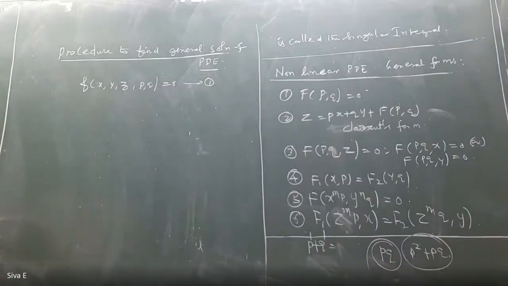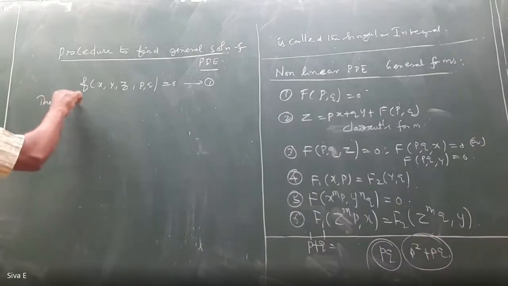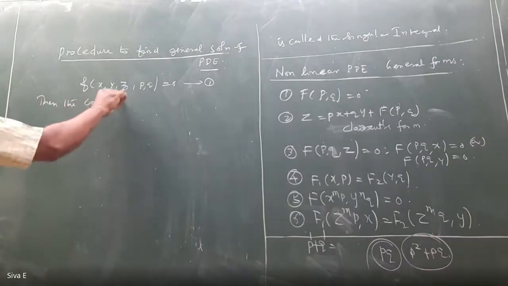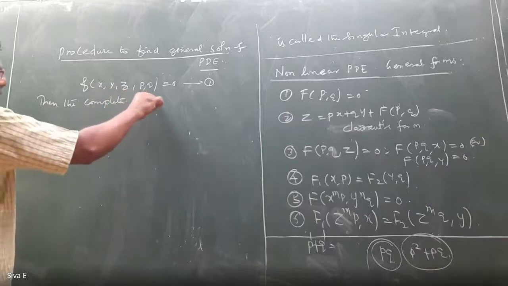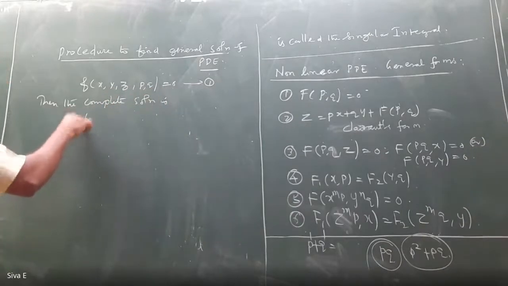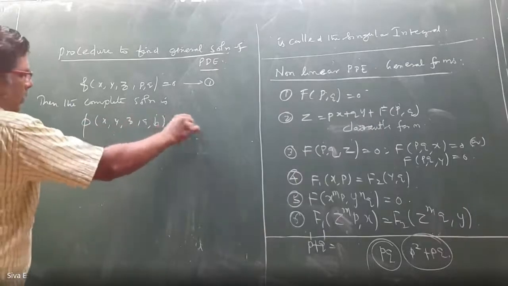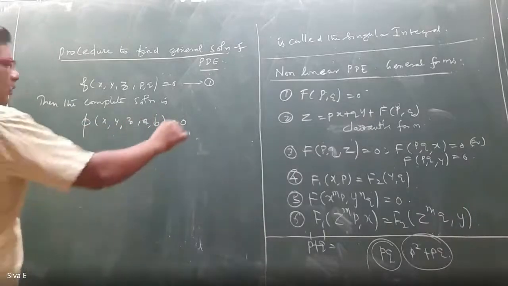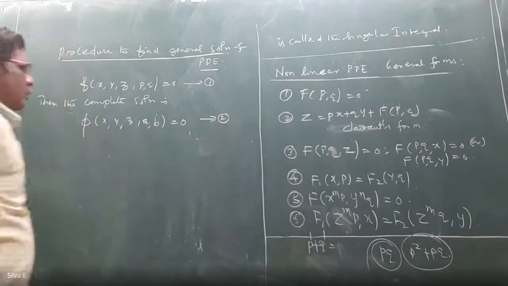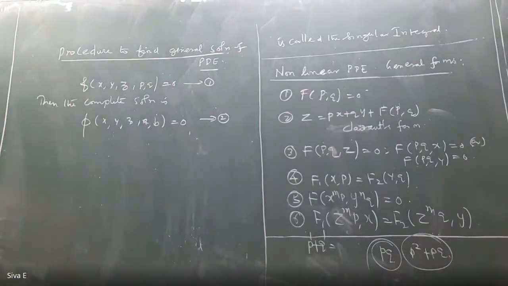Then the complete solution is phi of x, y, z, a, b equal to 0.